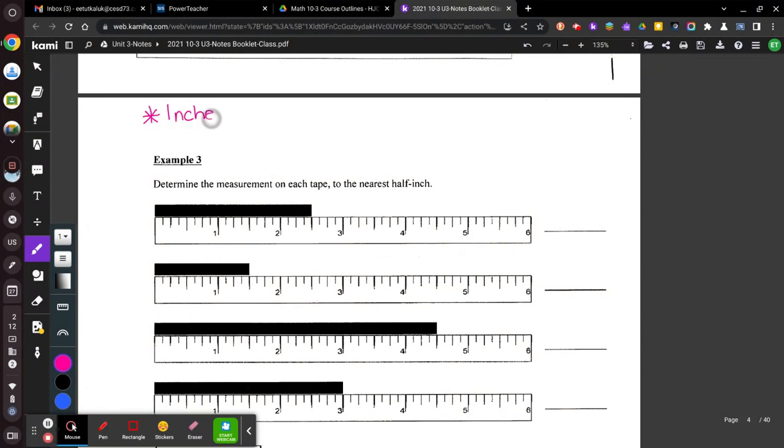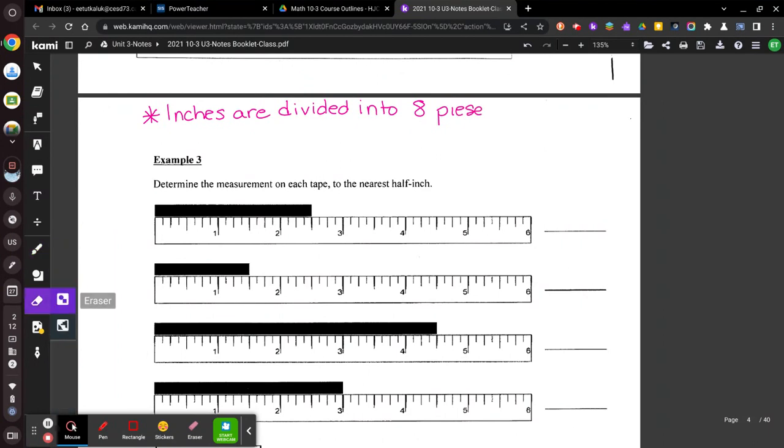Inches are divided into 8 pieces. Whoops, pieces or sections. Pieces, sections, or increments.